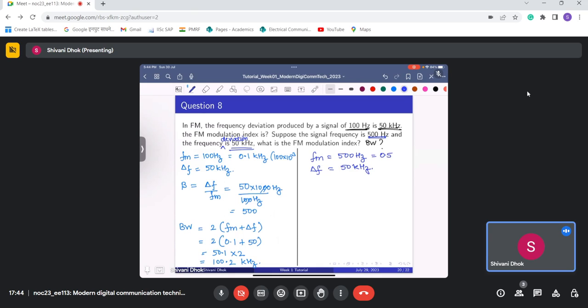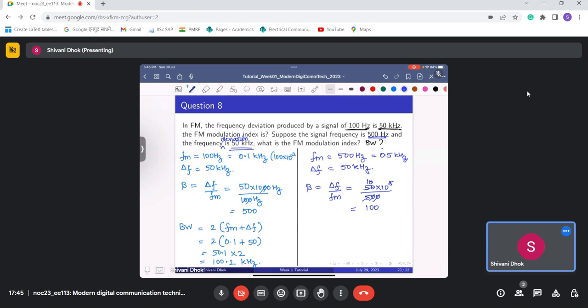Fm I can write as 0.5 kilohertz. Then my beta will be again delta F by Fm using the same formula. So delta F is 50 kilohertz, that is 50 into 10 raised to 3 upon 500 hertz. So this goes off and this becomes 10. So what we have is 100.